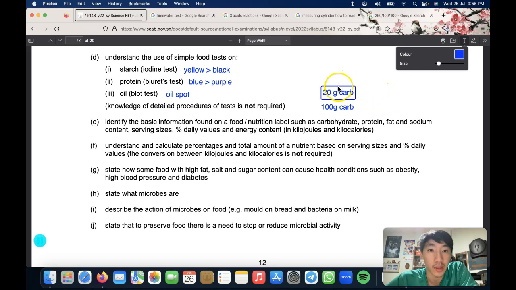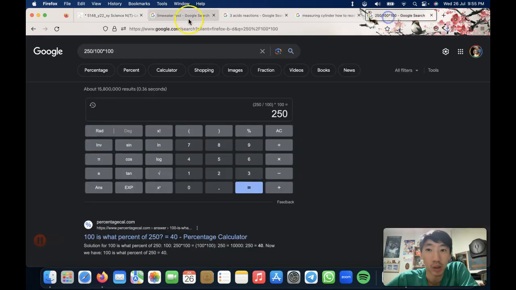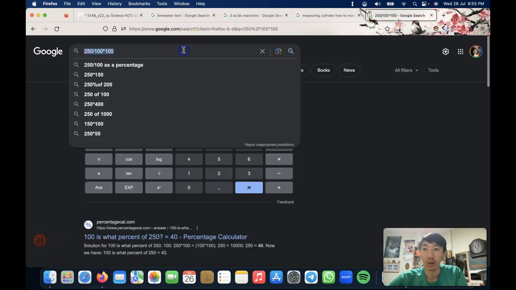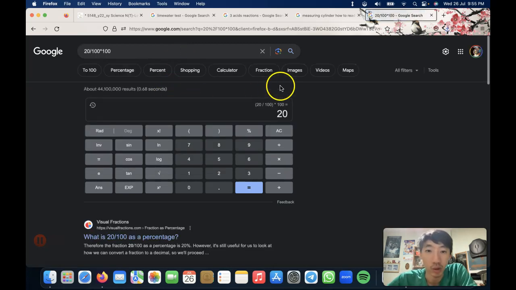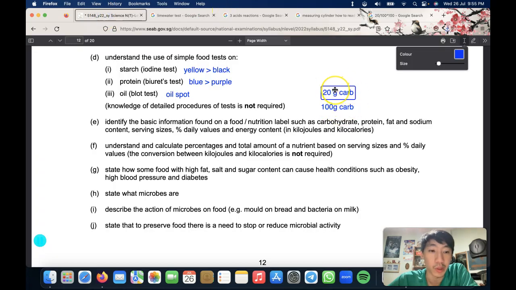Simple. I take 20 over 100 times 100. So 20 divided by 100 times 100%. I got 20%. So that means this bag of potato chips is actually taking up 20% or 1/5 of the daily value of my total carbohydrate intake. Okay, so that's how I calculate the daily value.